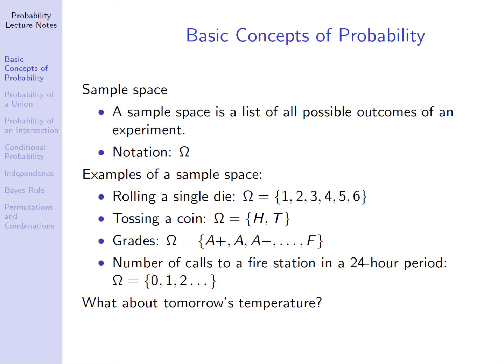Well, we will see that we do not necessarily need to restrict the sample space of tomorrow's temperature to the temperatures that you think are going to happen, but we can simply make this very large, of all the possible temperatures. And what we do when we assign a probability to the outcomes is that extreme cold or extreme heat is simply going to be assigned a very small probability.